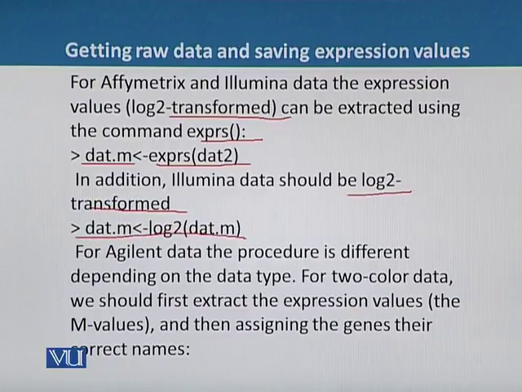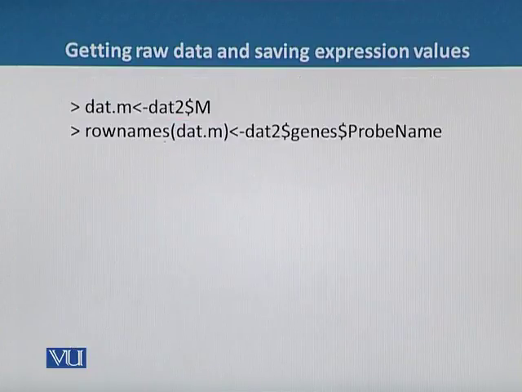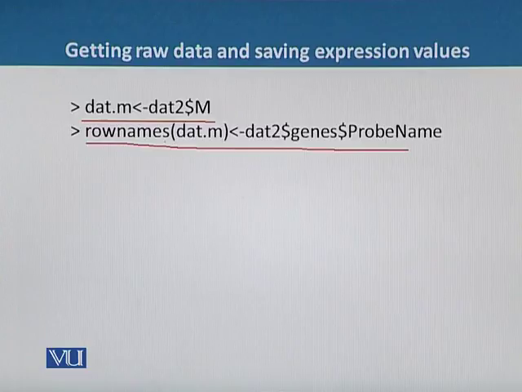For this, we use this command, and for Agilent data, the procedure is different depending on the data type. For two-color data, we should first extract the expression values and then assign the genes their correct names. So we can use these commands datm and row names, and we can assign the names, and we can retrieve the names of the probes as well.